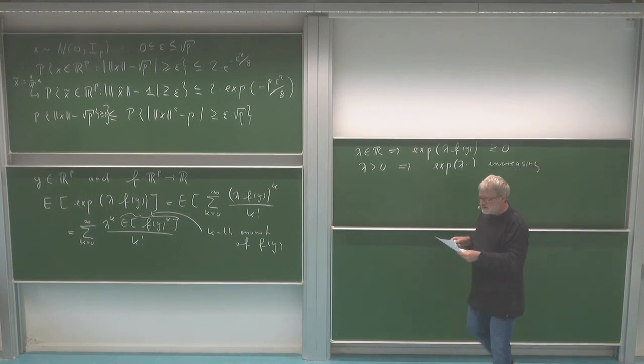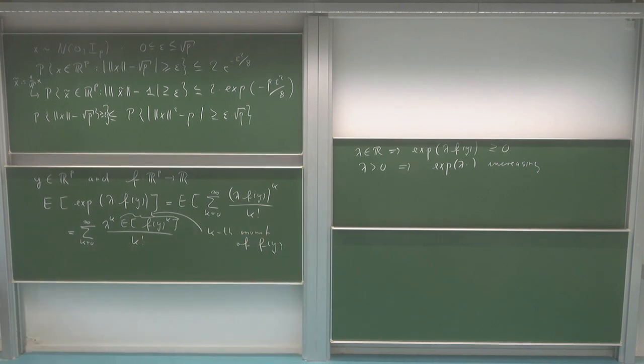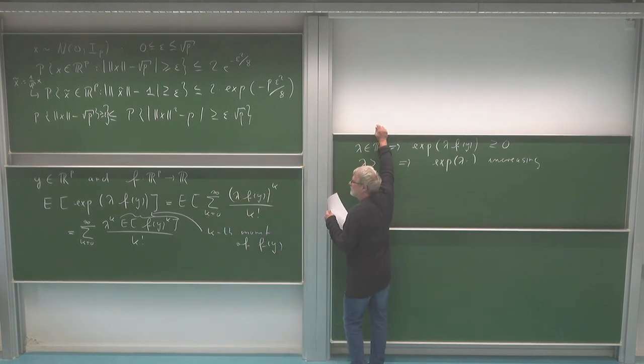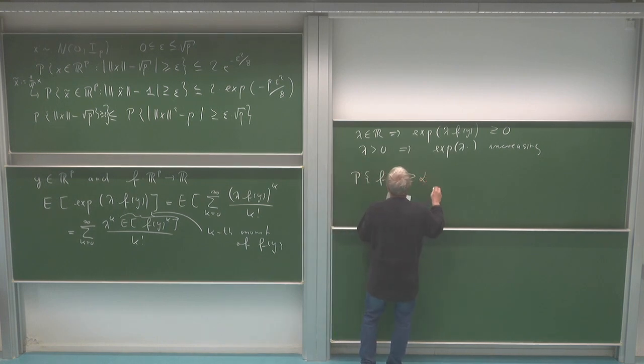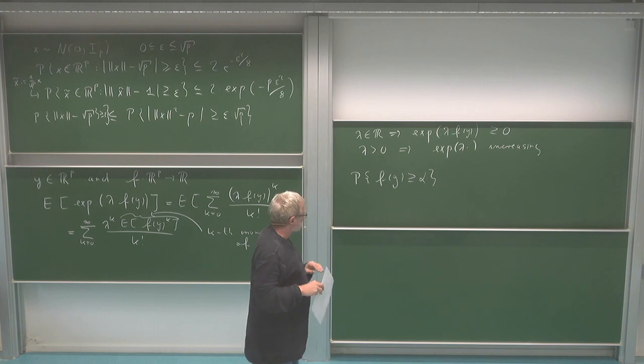And this of course I need in the following by comparing f of y with this exponential function. So what do I want? I want an estimate of the form: I want to estimate the probability that f of y is bigger than alpha. That's what I want to see whether I can deal with.